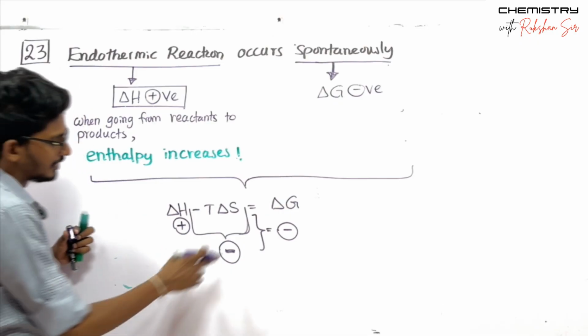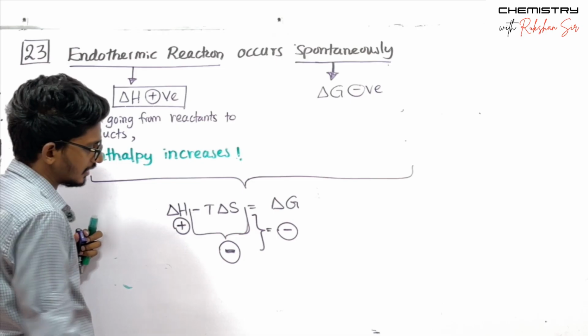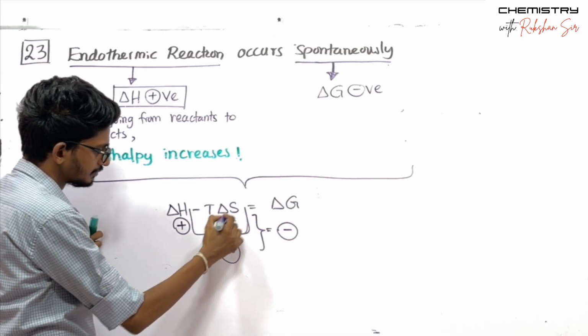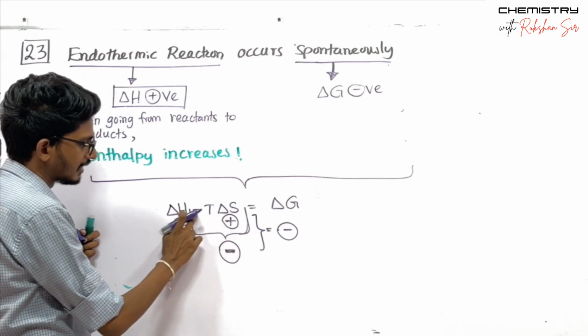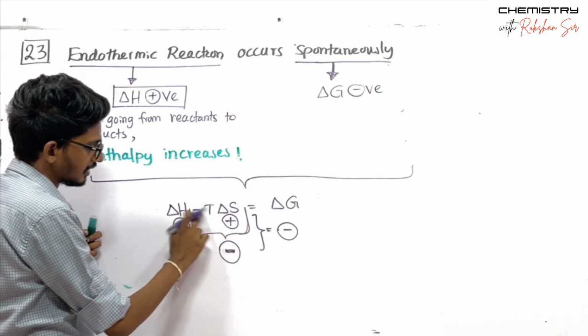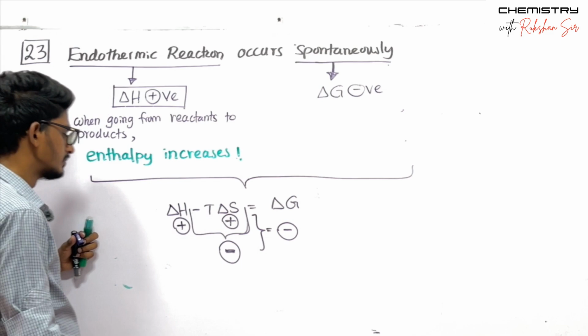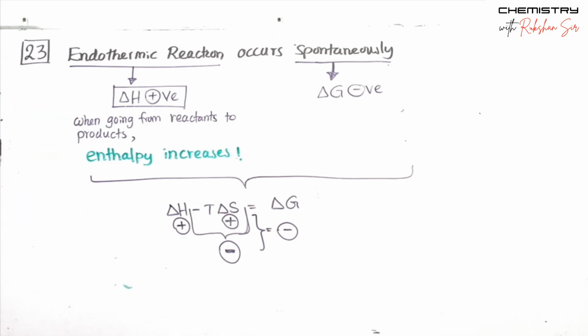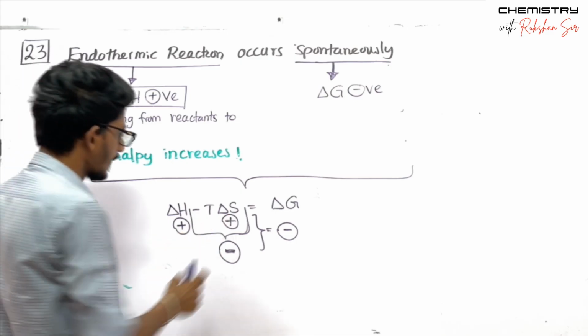Right? For this sign to become negative, this should be positive. When opposite signs are multiplied, you get the negative value. Right? So delta S should be positive.